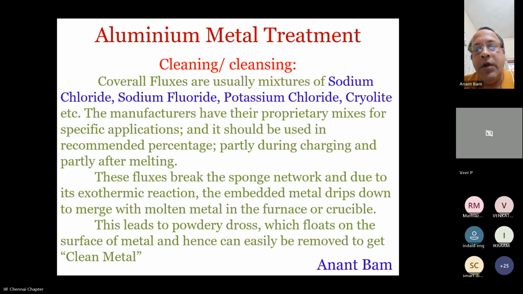And a part of this flux, the chlorides, get converted into a liquid flux cover, which is a sticky liquid just like honey. And this powder, which momentarily floats on the surface, gets caught into that liquid flux cover. So that's how we are able to separate aluminum oxide from the aluminum metal.